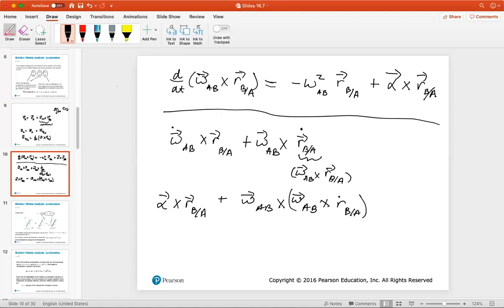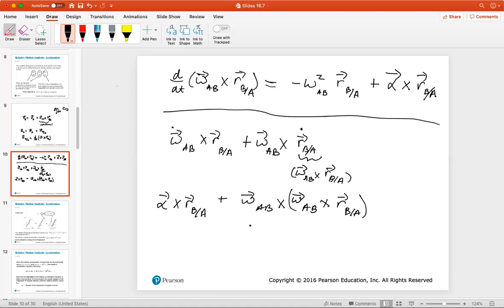Now, this vector, I actually tried to give a derivation in the first, I think it was the first lecture I did with you guys, and it was pretty bad. So I'm just going to say, using vector identities, you'll just have to trust me.